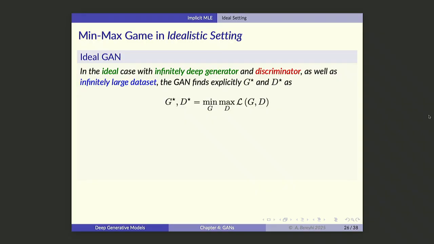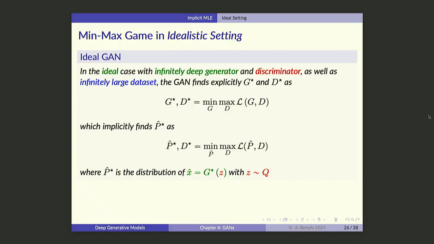But I told you if I play with G, it's equivalent to playing with P hat, right? So if I solve this problem explicitly, I am somehow implicitly solving this problem. I am playing with my discriminator to maximize the likelihood. This is the inner loop. And then I am playing with my G to minimize that maximized likelihood, which is equivalent to playing with my P hat to minimize that, because once I play with G, eventually I'm playing with the P hat.